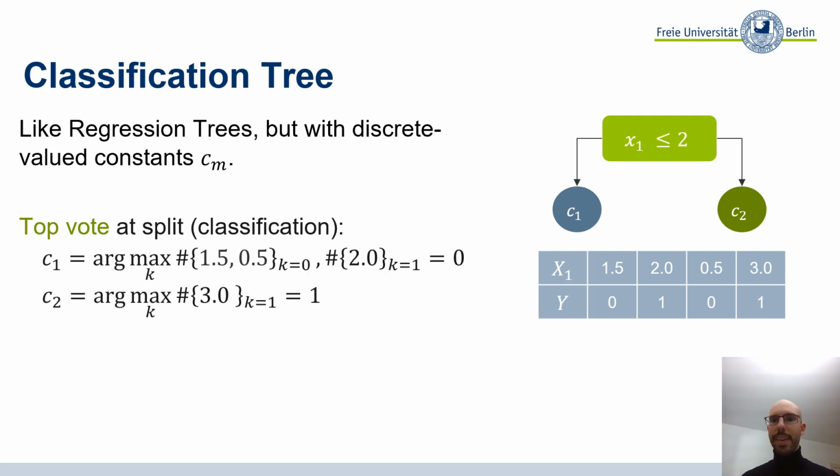So a simple example where our splitting variable is x1 and 2 for this data set. Obviously 1.5, 2.0, and 0.5 are going to be moved down this half space. Since the labels are 0, 1, and 0, the top vote of the labels is 0. And on the right half space, we only have one data point, the output label is 1, so the top vote is going to be 1.